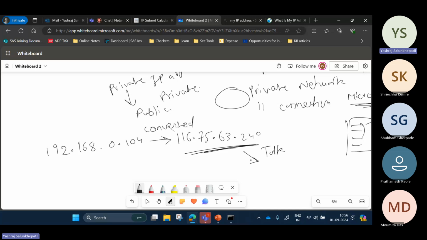This IP is the one that is connected to Microsoft 365 का Teams एप्लीकेशन. ठीक है.